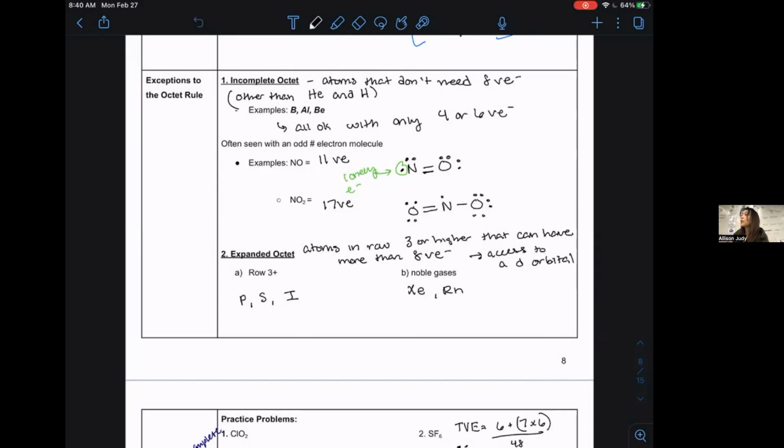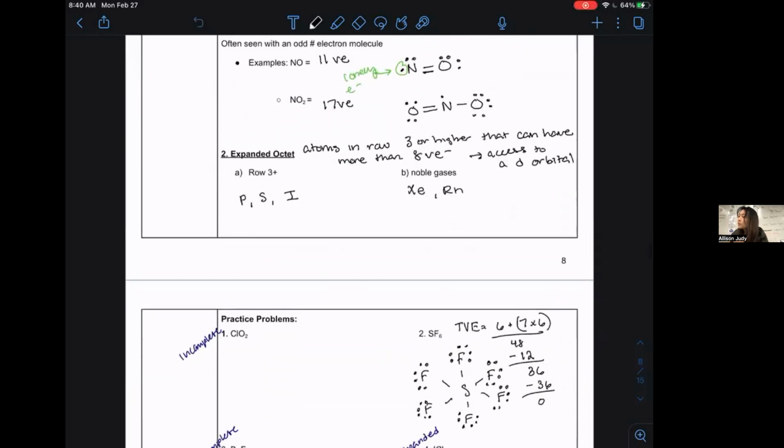Therefore, there's always going to be one single electron. What do we call that? A radical, like the lone wolf. A radical.